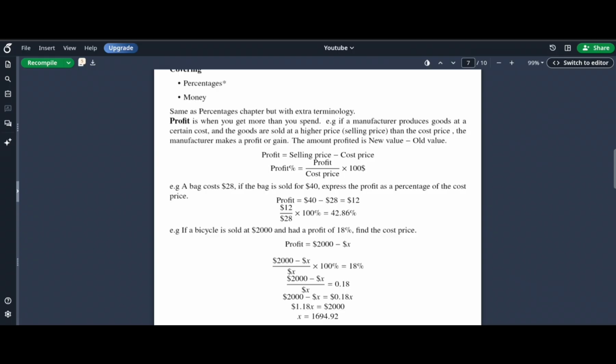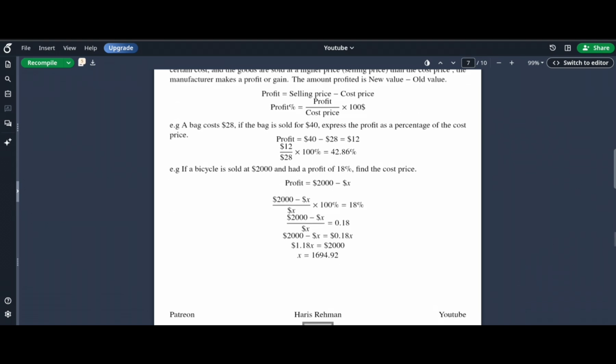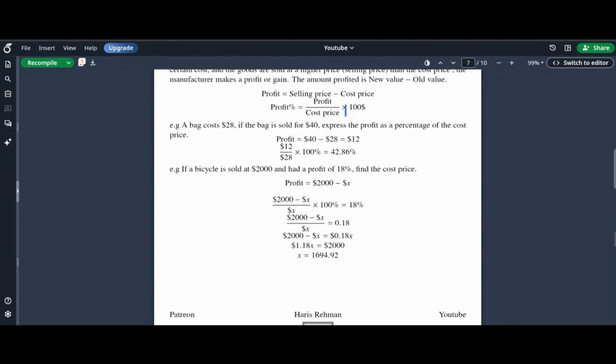Yes, I have not looked at this document before recording, as is evident in the previous cases. So you know, the profit amount is the selling price minus cost price, and the profit percent is what?